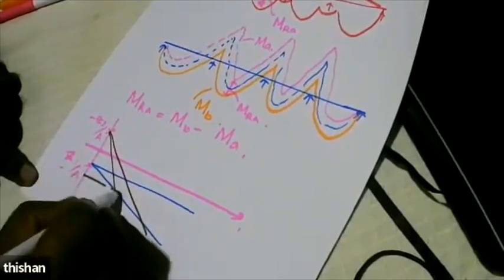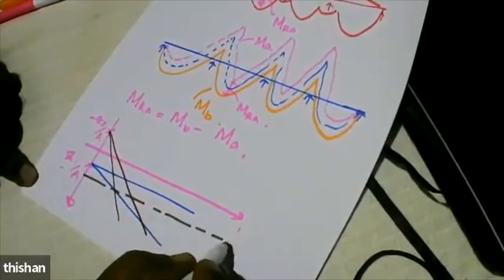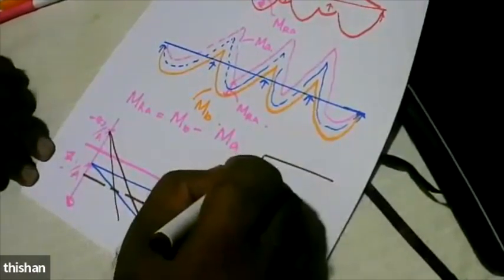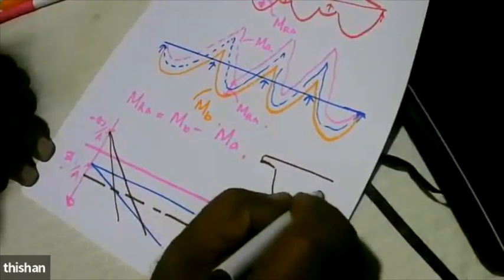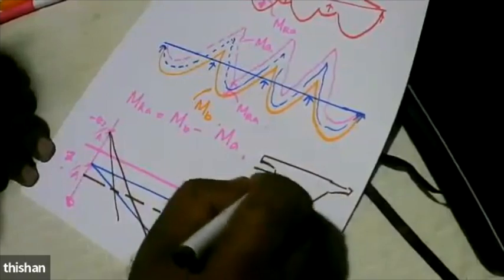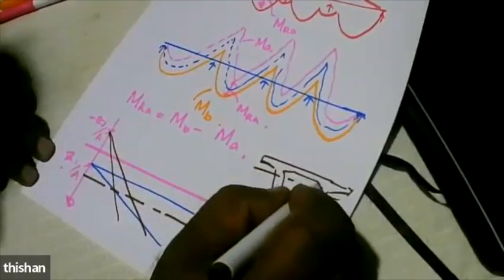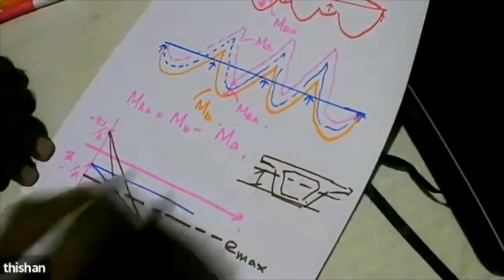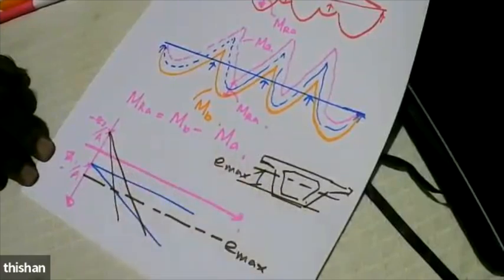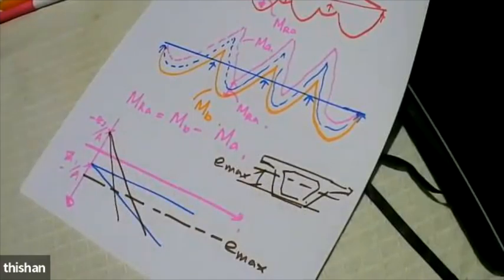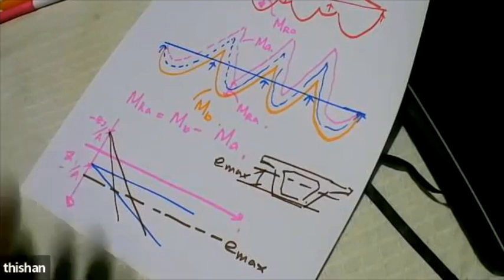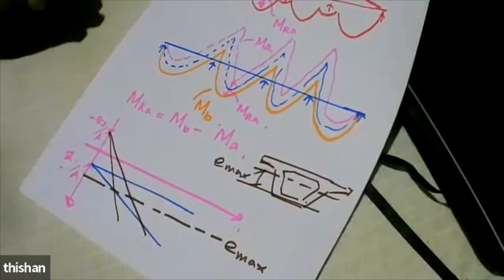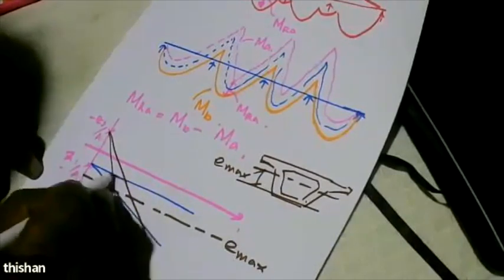And we might also have a maximum eccentricity due to the fact that we are having a section like this, where the centroid will be here, and there's a maximum eccentricity Emax that we can place the tendons, the ducts. We cannot place it outside. So because of all this, we get a feasible region which looks like this.